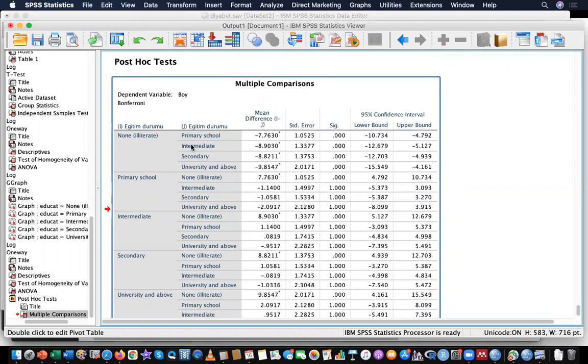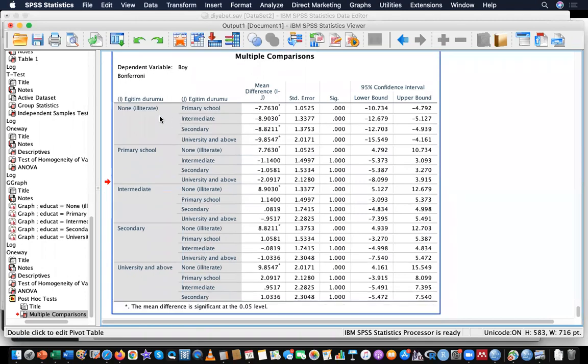So let me ask you, how many possible combinations are here? This is four combinations. Oh no, 20. It's not 20. Some of them are repeated, you see. None and university, and university and none, it is repeated, the same values here.